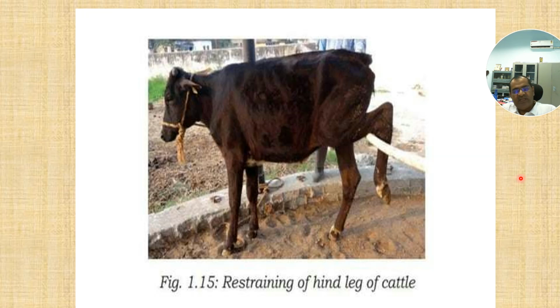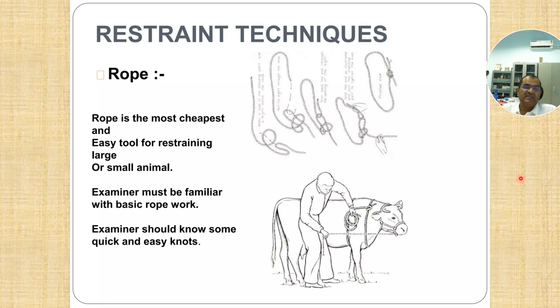So this method can be used in open areas, especially in mobile veterinary dispensaries, wherever the veterinary doctors go without any travis to handle that animal. So such simple techniques can also be used for examining the animals and also giving some injections, etc.